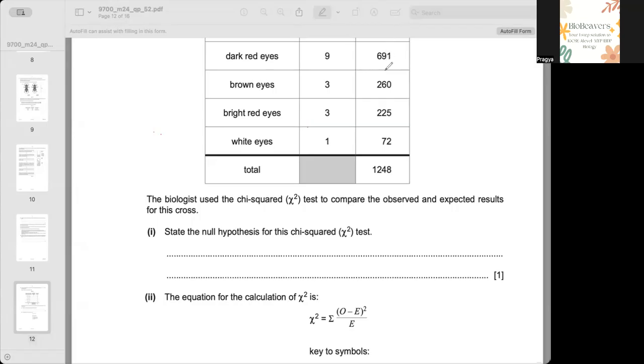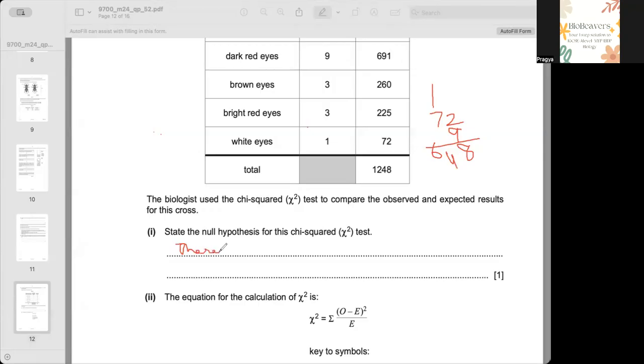So we have a 9:3:3:1 ratio. And if you multiply 72 by 9 to get the actual figure, it's more than 9, but around those values is what we are getting. So we see that there is not much difference. So state the null hypothesis.